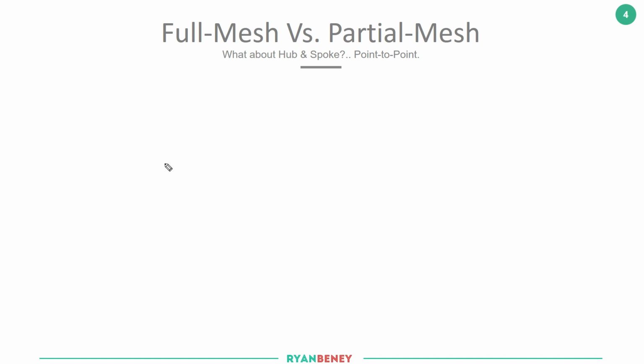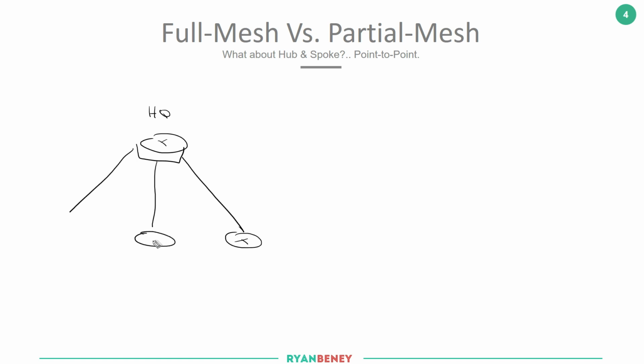So let's start with what's called a hub and spoke. A hub and spoke is essentially where you have a site, normally the HQ, and it's called a hub. And off the back of this, you have a bunch of other sites, and these are referred to as the spokes.